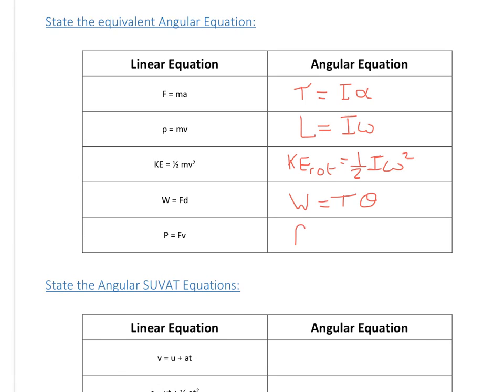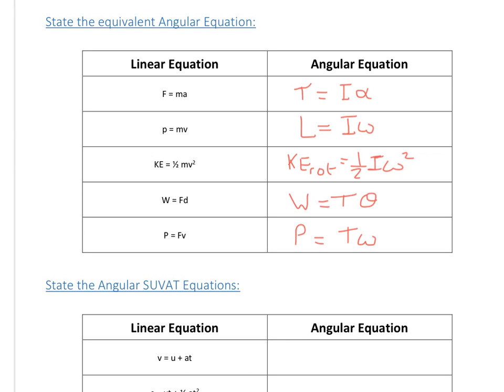And to get the power in the angular direction, it's going to be the torque times the angular velocity at that given point, so you can calculate what the power is at that point. Those are your general equations.